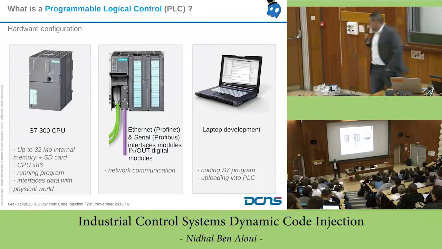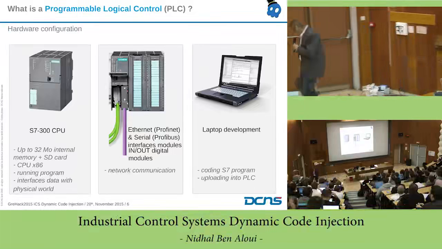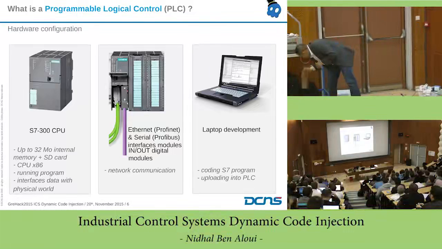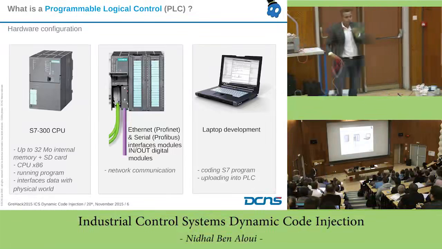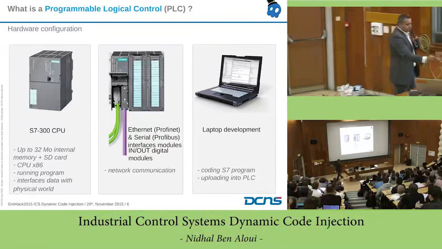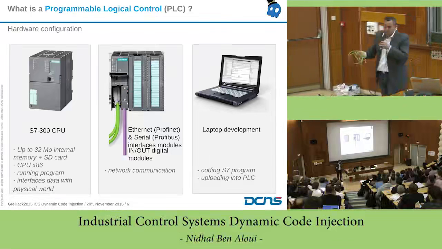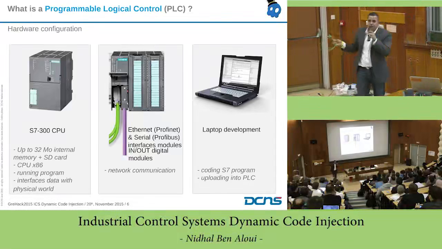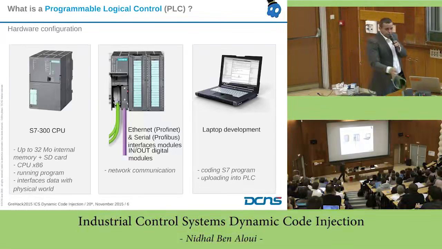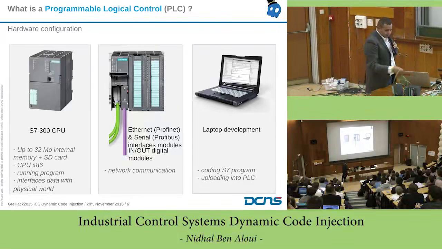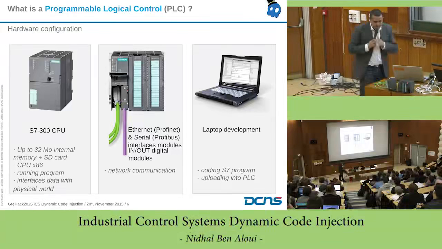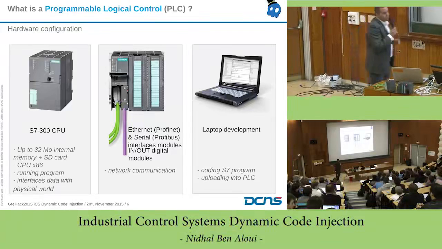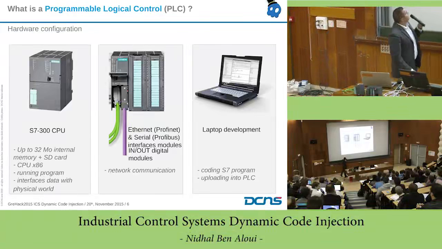So in general, we use a Profinet cable like this. This cable is given by Siemens, not a specific cable, just with a color marking, to connect the PLC with the development laptop. So we just connect it to the dev station.